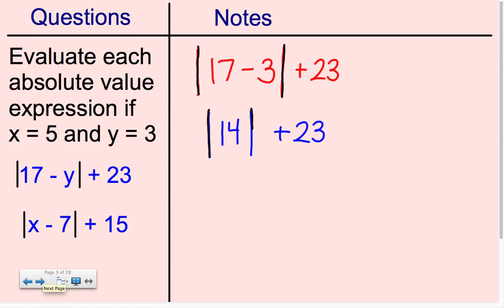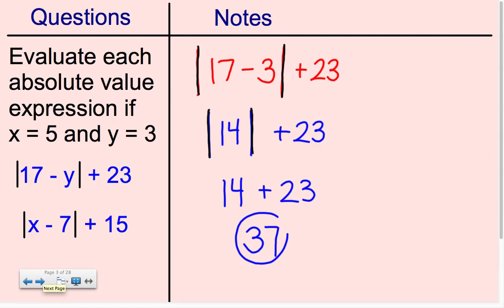Keep those absolute value signs until you're only left with one number. So now I'm left with just the absolute value of 14, which is 14, plus 23. If I add those together, I end up with 37.